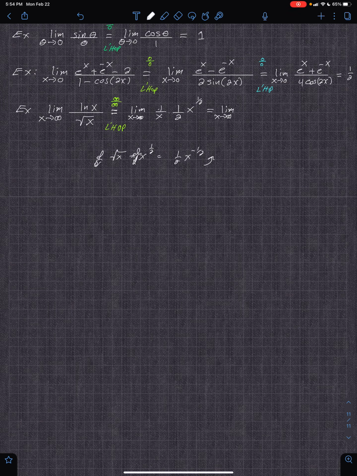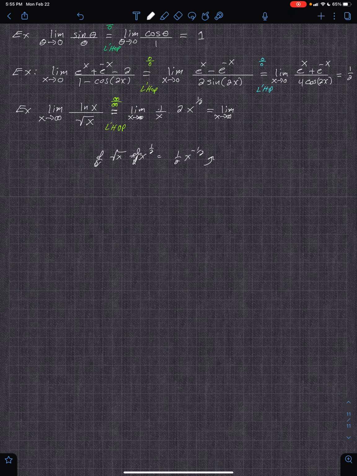Oh, this needs to be a 2. That's right. Okay, so this is a 2 because you end up with it looking like this. It's really 1 over x over that, and then the half comes up to the top. Okay, so check that out.